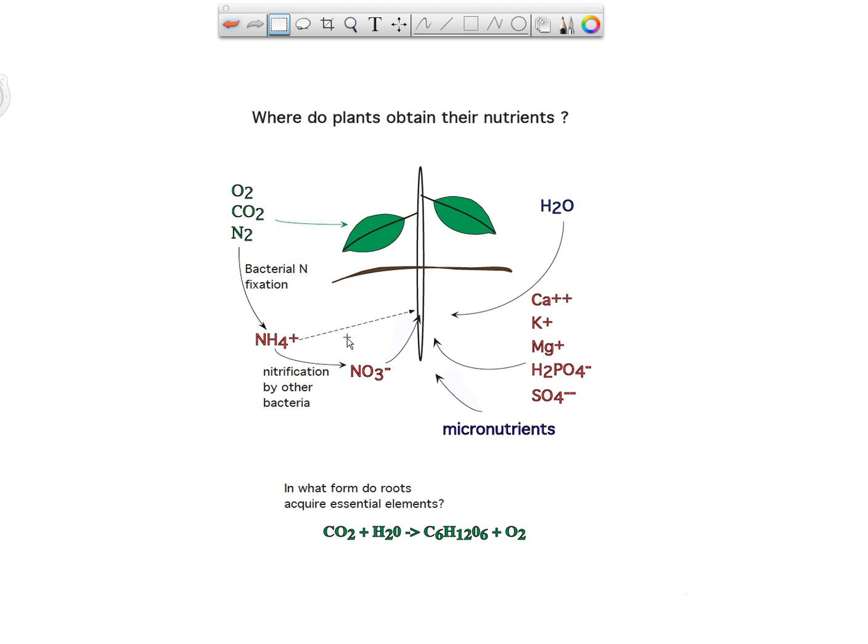The plant takes up ammonium, takes up nitrate, and then turns it into amino acids, nucleic acids. These are energy-consuming processes. The plant does not use either one of these as fuel. The plant doesn't use any of these ions as fuel, or phosphate as fuel, or sulfate as fuel, or water as fuel, or carbon dioxide as fuel.